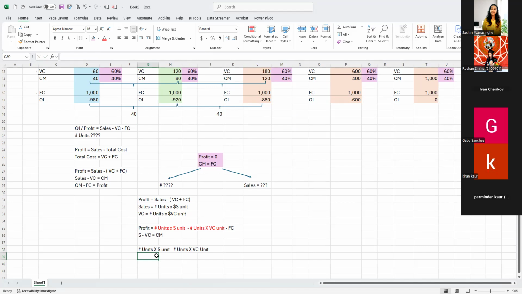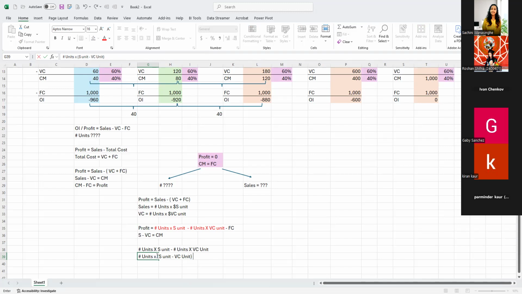So let's see now. Can I get rid of number of units at the front and do the formula inside? Yes. So I'm going to have number of units times, in the brackets, sales price per unit minus variable cost per unit.